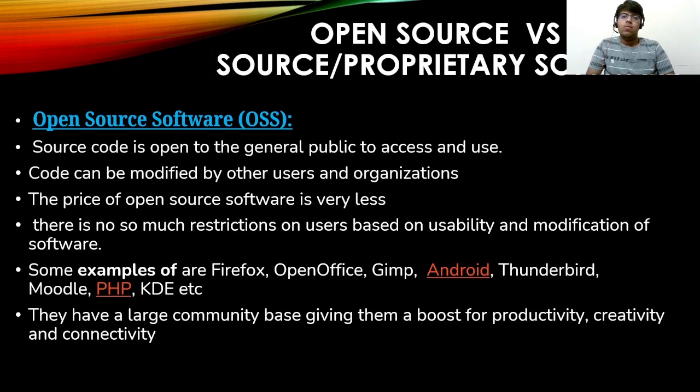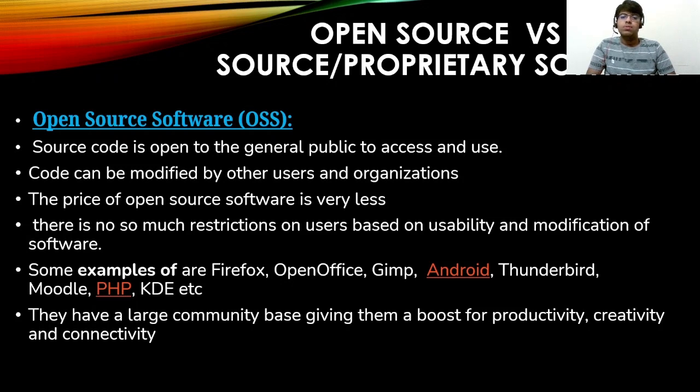Now, when we are talking about software, we normally get two types of software. First one is the open source, second one is the proprietary one. Talking about open source, as the name suggests, its source code is open to the public for access, usage, and modification.